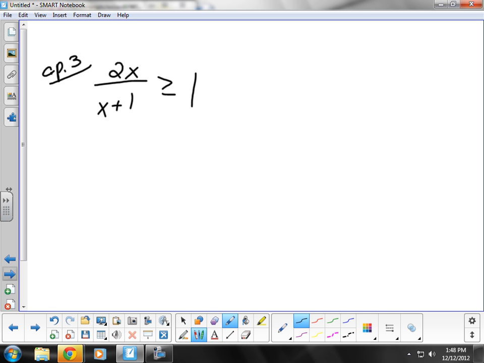Now, same step 1. What do I have to have? Got to be the 0 over there, not that 1. So what do I need to do? Subtract 1 from both sides. So I've got 2x over x plus 1 minus 1 is greater than or equal to 0.